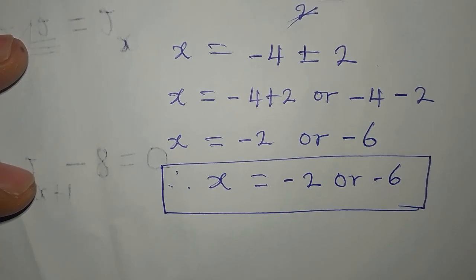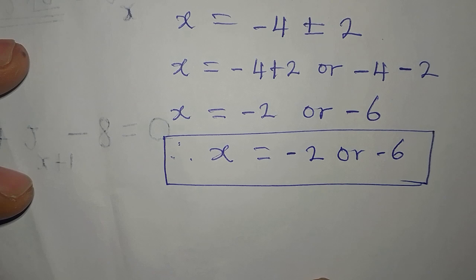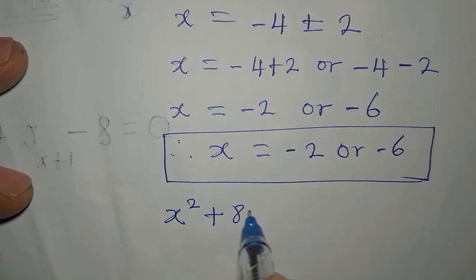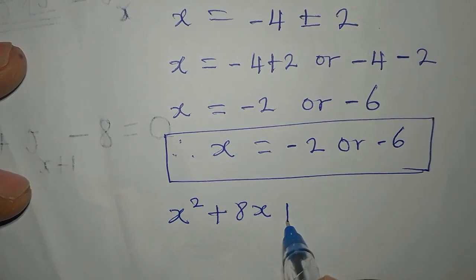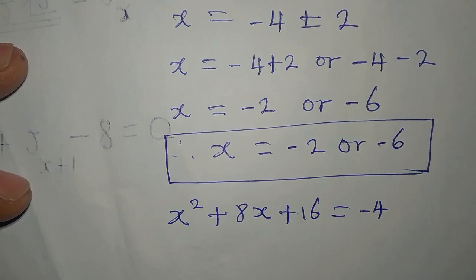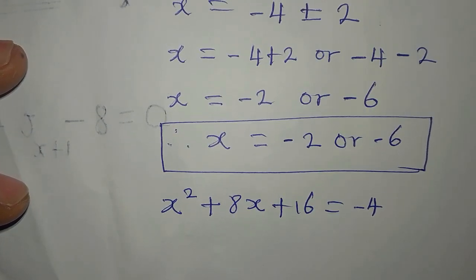Now let's go back to the equation I left out before, and that is x squared plus 8x plus 16 equals negative 4. So this time around we are picking negative 4, right? Because we picked positive 4 before.